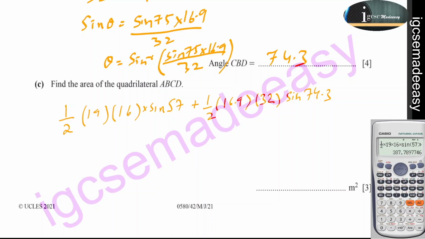So you'll get 387.7. You can write 387.7, or you can write 388 if you round it off. So this is how you have to do it.